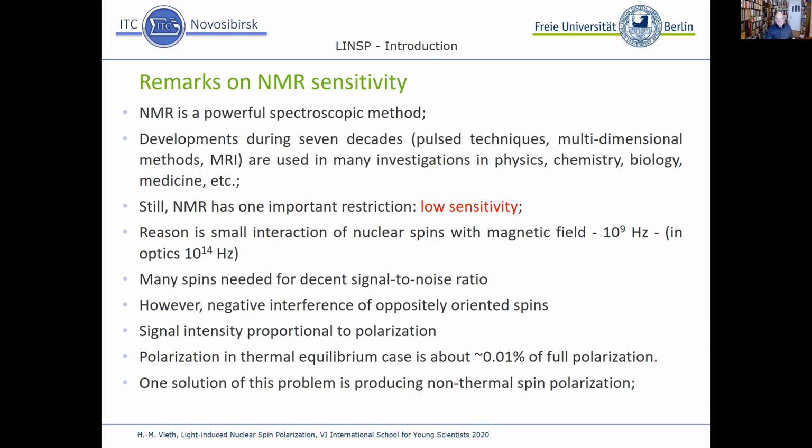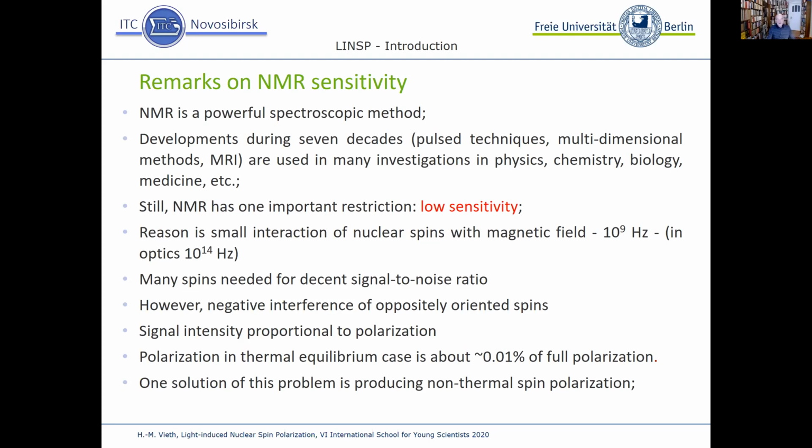And the reason is a small interaction of the nuclear spins with the magnetic field. It is of the order of 10⁹ Hertz, whereas we have in optics an interaction which is 5 orders of magnitude at least bigger, with 10⁻⁴ Hertz.